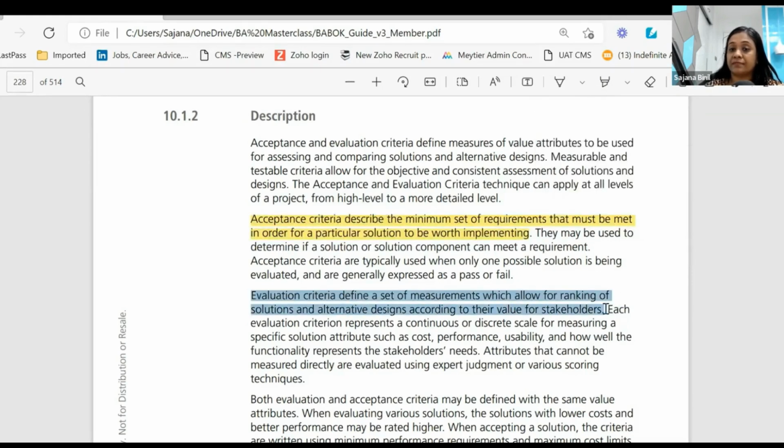Evaluation criteria is this. Acceptance criteria is the minimum set of requirements. Evaluation criteria allows ranking of solutions and designs.